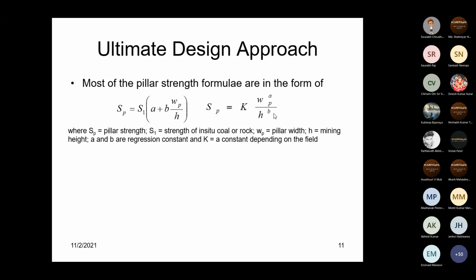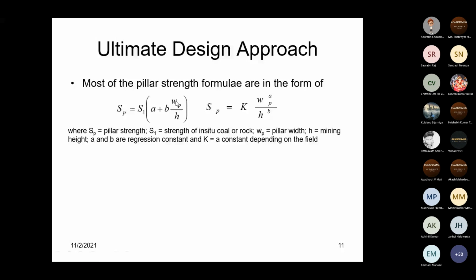If you classify the different formulas around the world, you can group them into these two forms. The first is linear, and the other is also a linear equation, but it does not pass through the origin. It has some intercept on the y-axis.